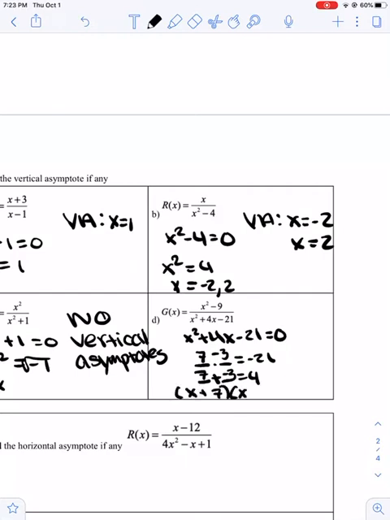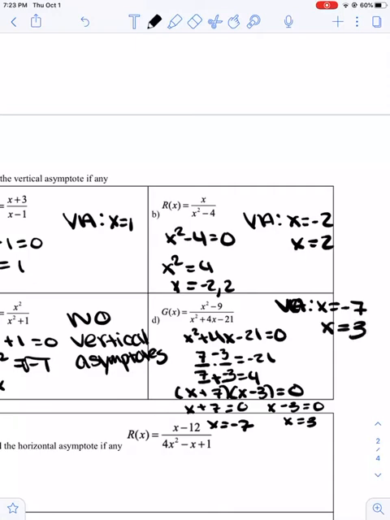So we have x plus 7, x minus 3 equals 0. Set both of those equal to 0, so x plus 7 equals 0, x minus 3 equals 0. We get x equals negative 7 and x equals 3. So we have vertical asymptotes at x equals negative 7 and x equals 3.